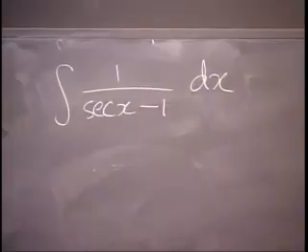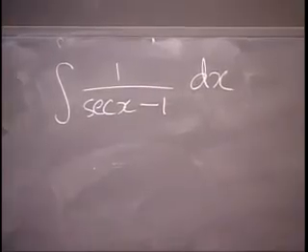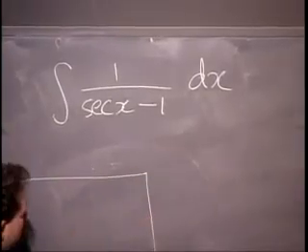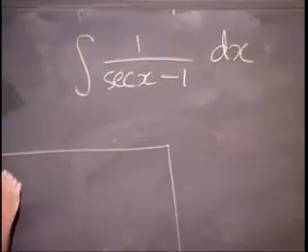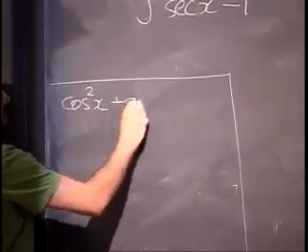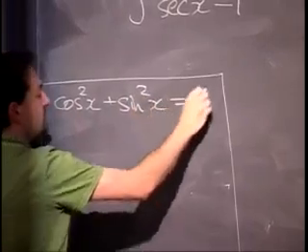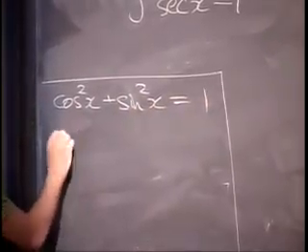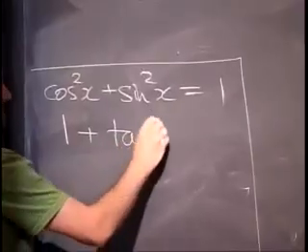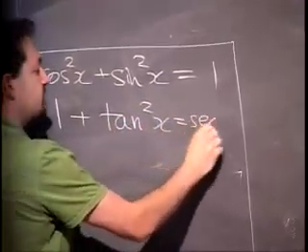So, I propose to use a trig identity that is not one of the ones in the box, but instead comes from the 2 or 3 Pythagorean identities that you should know. Here they are, just for reference. Cosine squared plus sine squared is 1. You've also got 1 plus tan squared x equals secant squared x.